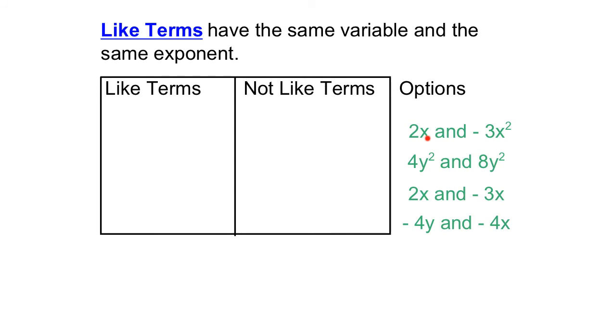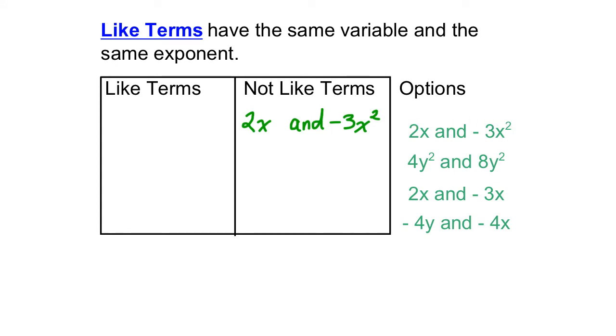Well, they have the same variable. They both have x, but they do not have the same exponent on the x. If you don't see an exponent, it just means the exponent is 1. So this x has an exponent of 1. This x has an exponent of 2. So just because you have the same variable doesn't mean they're like terms because they have a different exponent. So these are not like terms.